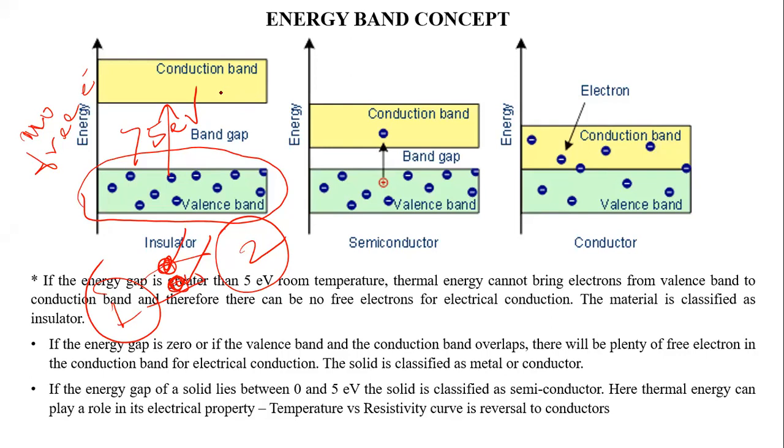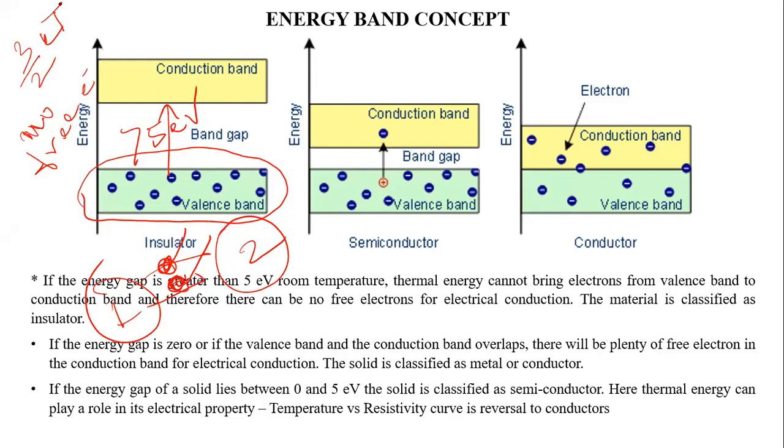Under normal circumstances, that is at room temperature, the thermal kinetic energy associated with any gas molecule, atom or electron, any entity, is on average 3/2 kT.